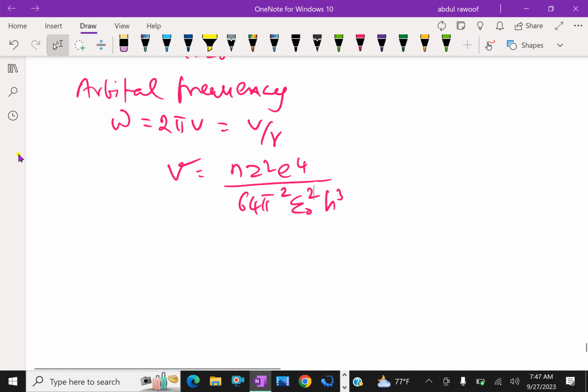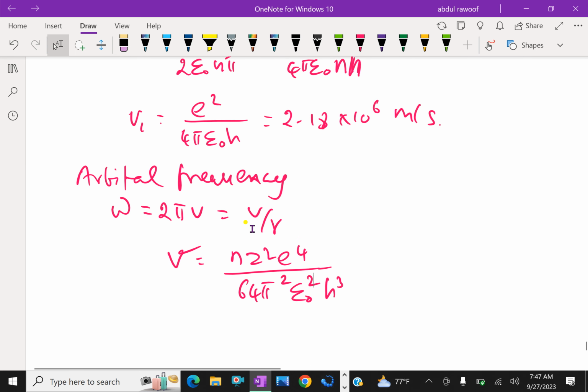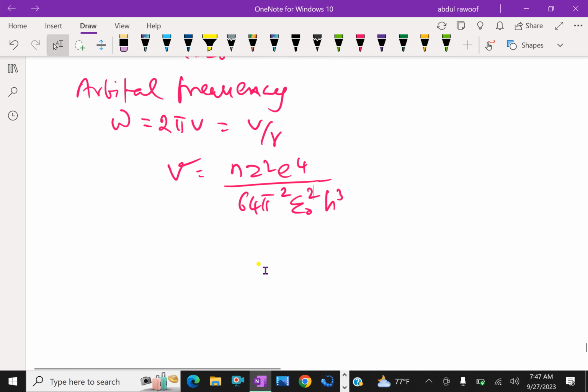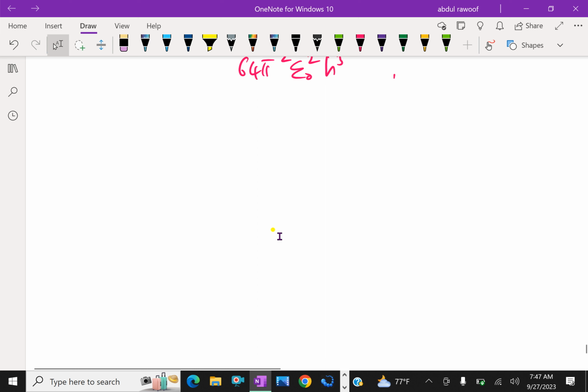By using those values, we can get the frequency. Obviously, the frequency is inversely proportional to n cube.